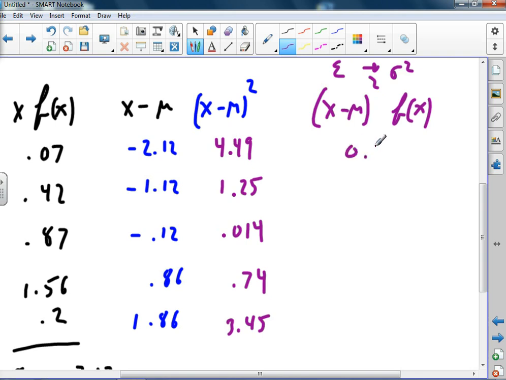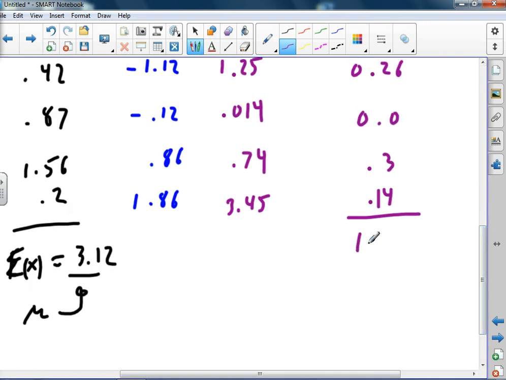Okay, 0.31, 0.26, 0.0, 0.3, 0.4114. And I add those up and I get 1.03, which is my variance.